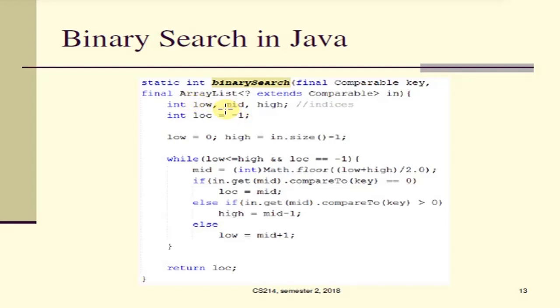Also, we have the variables to keep track of the other indices, which were the mid, the low, and the high. Every time we divide our array list in half, we have to keep track of where that mid is, and that's going to change every time.